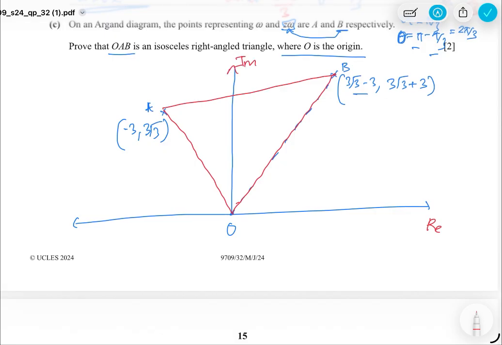One thing we can do is calculate the distance OA, and we can calculate OB and AB, and we can see which two come out the same. I think from here that AB and OB should come out the same. Yes or no? O is the origin. We can calculate the distances directly, and then we can also use the Pythagoras theorem to prove that yes, it is an isosceles triangle.